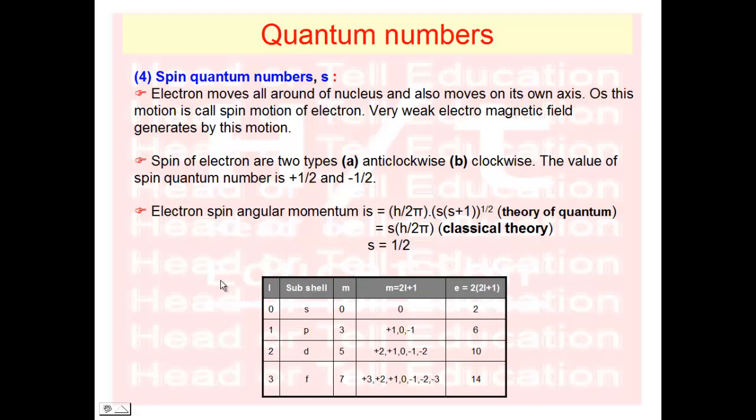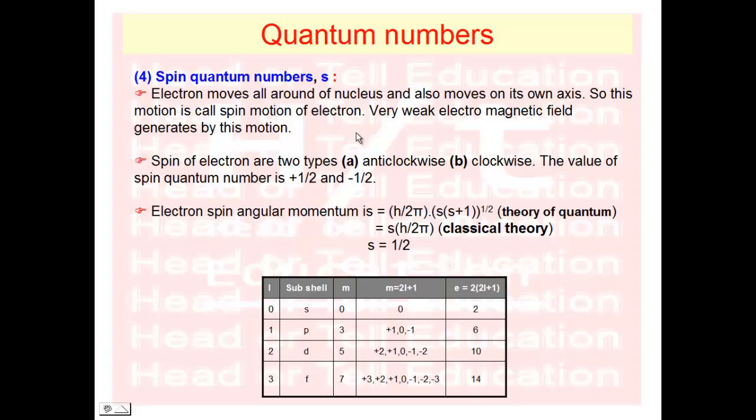First it moves around the nucleus, and again it moves on its axis. This motion is called the spin motion of the electron. By this motion, a very weak electromagnetic field is generated.